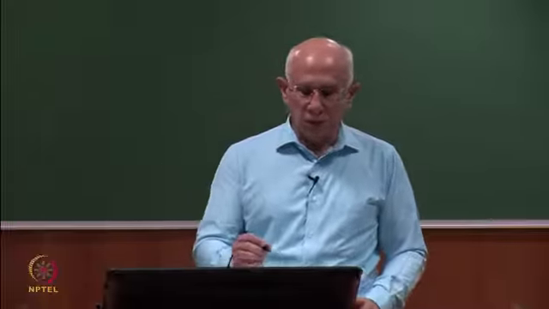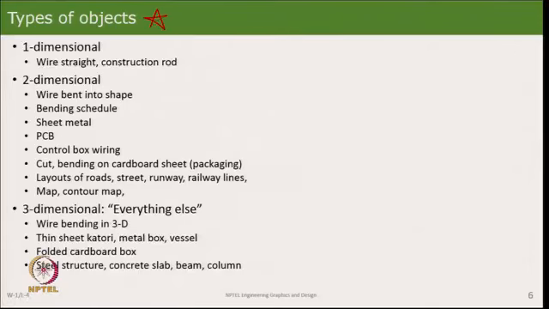Our next thing to look at is what type of objects do we visualize, or what type of objects does an engineer draw. And I have listed them here as 1 dimensional, 2 dimensional, or 3 dimensional. A 1 dimensional object is relatively straightforward.